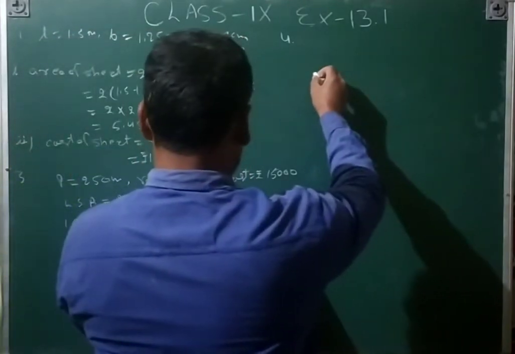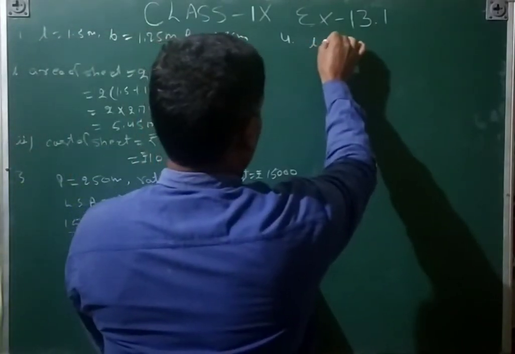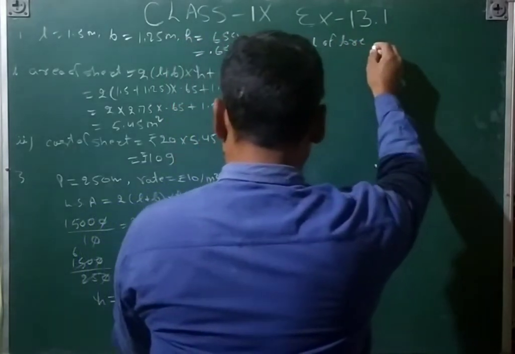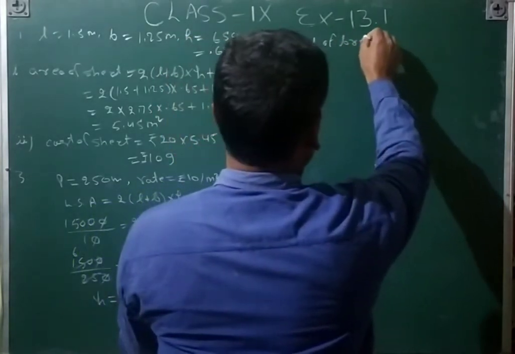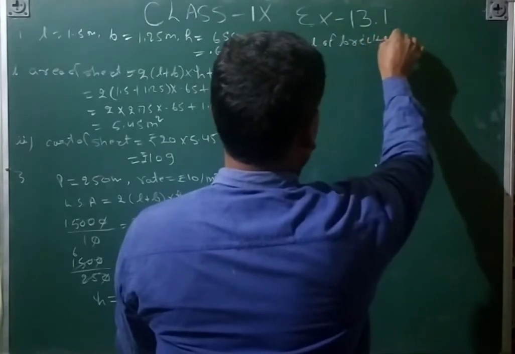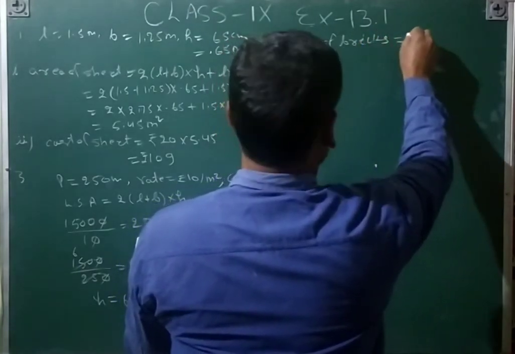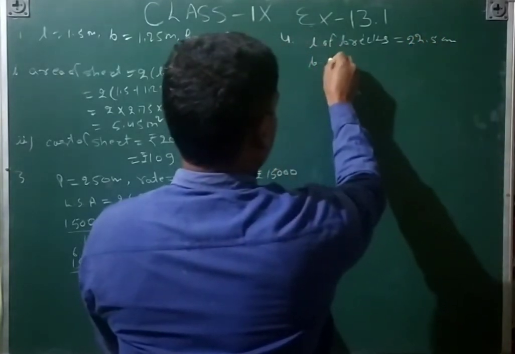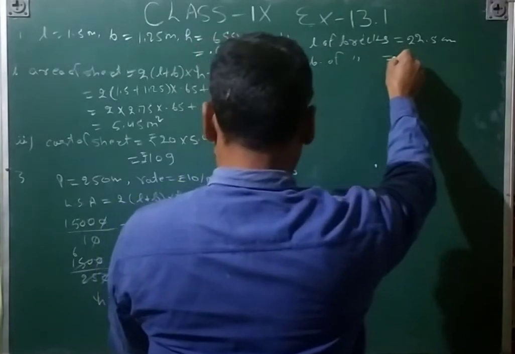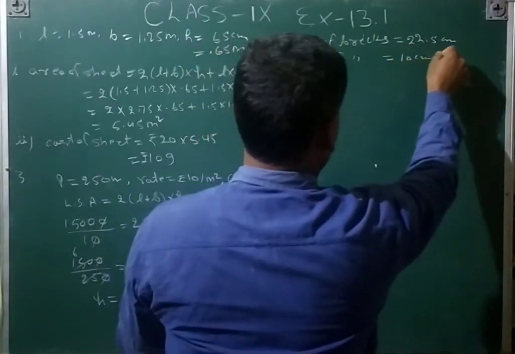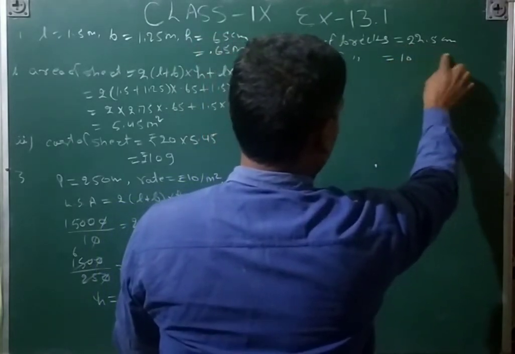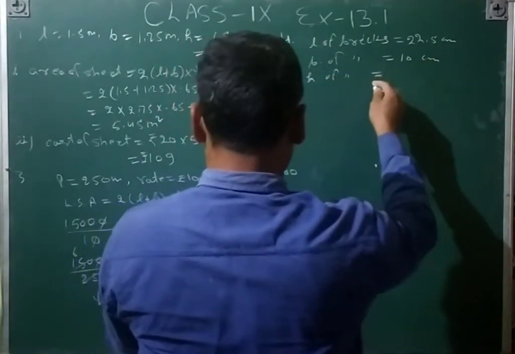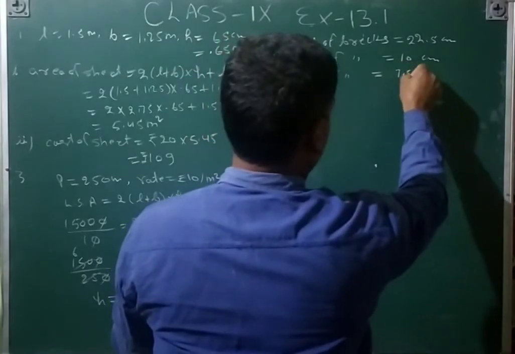So the length of the brick is 22.5 centimeter, the breadth of the brick is 10 centimeter, and the height of the brick is 7.5 centimeter.